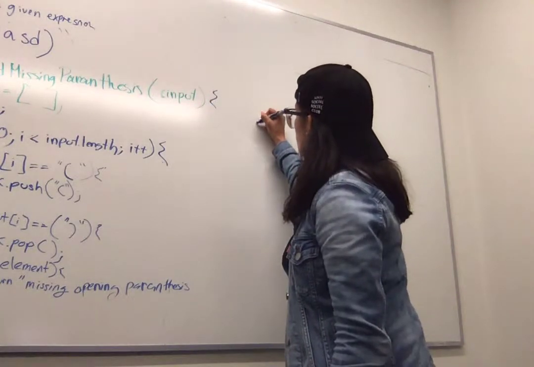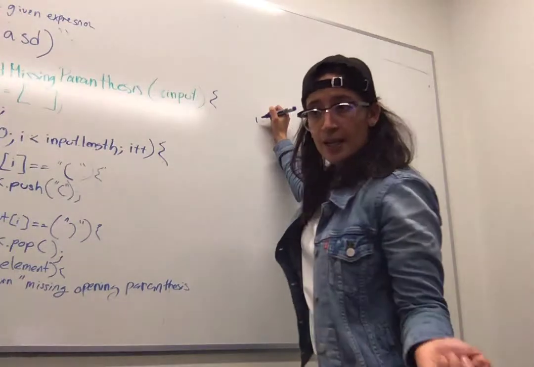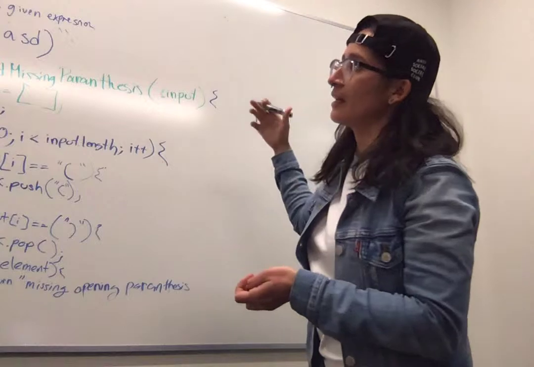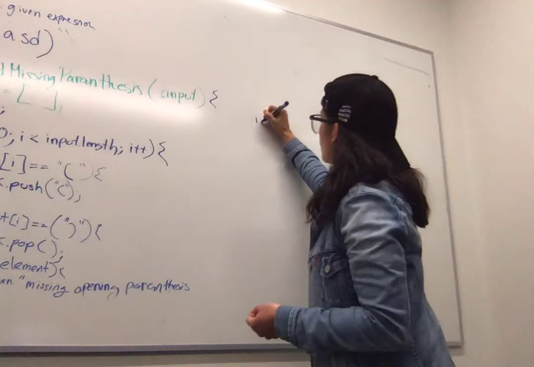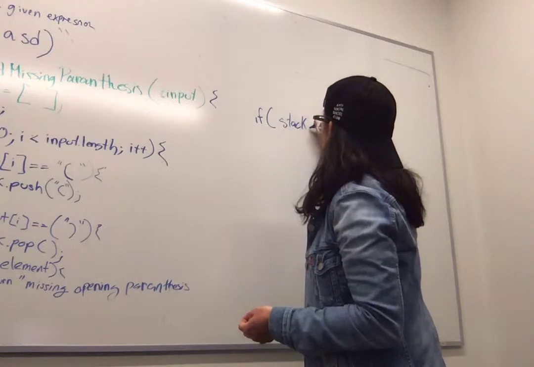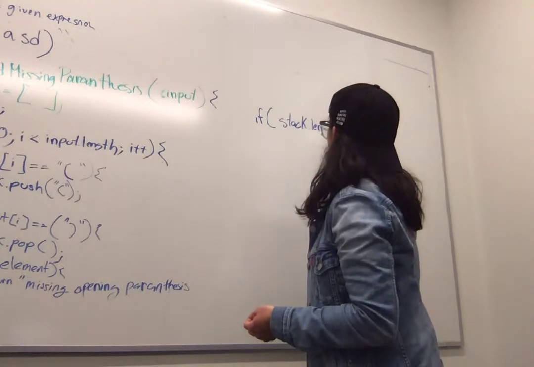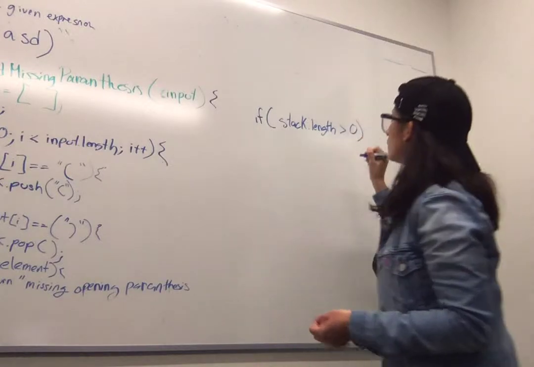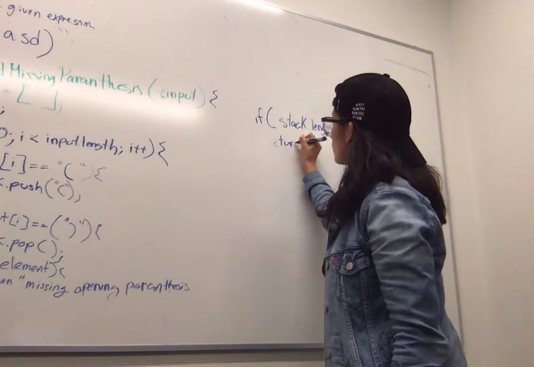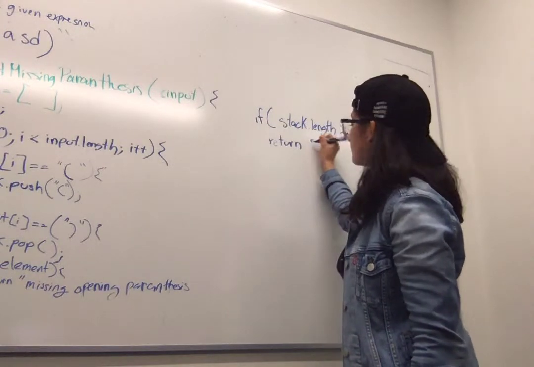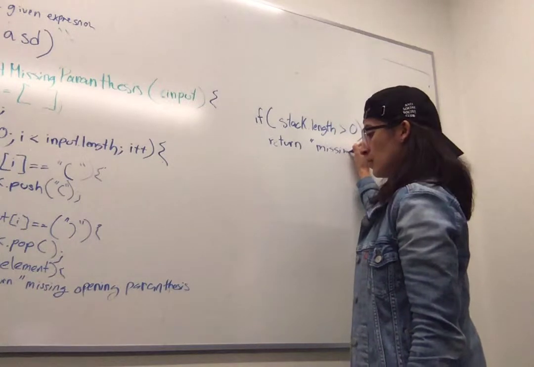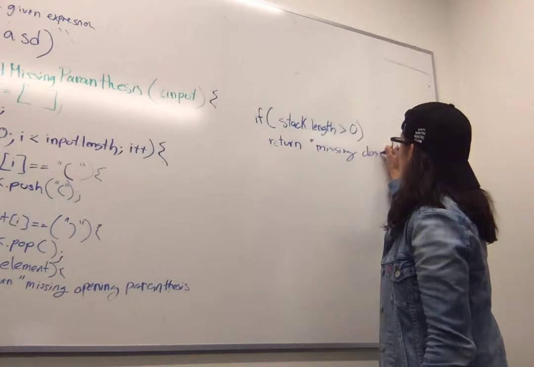So we are going to check that. If it's not empty, that means that there are too many opening parentheses, meaning there's a missing closing parenthesis. So if our stack.length is greater than 0, we're going to return "missing closing parentheses".